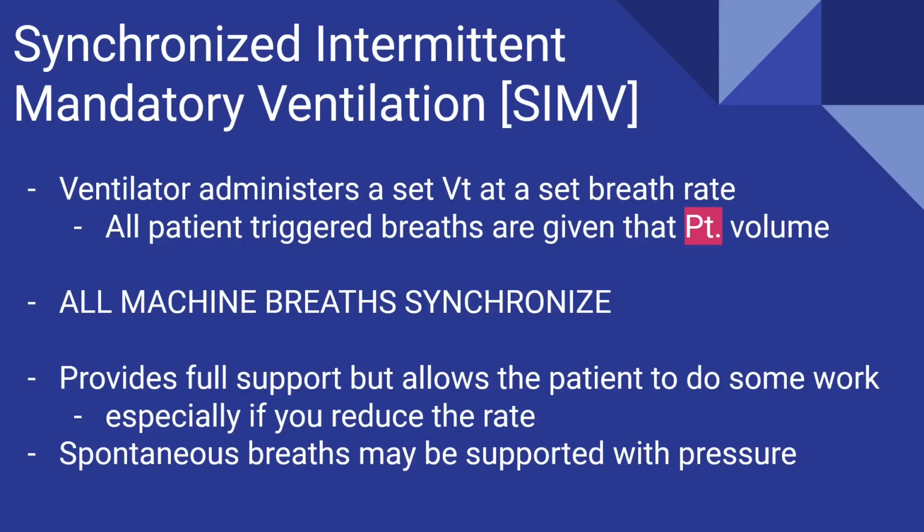So we'll still set the rate, but anytime the patient triggers a breath, it'll allow the patient to take as much volume as they want, or as they are capable of doing. In addition, the machine will also synchronize to those breaths, so it will try not to hyperventilate the patient if possible.